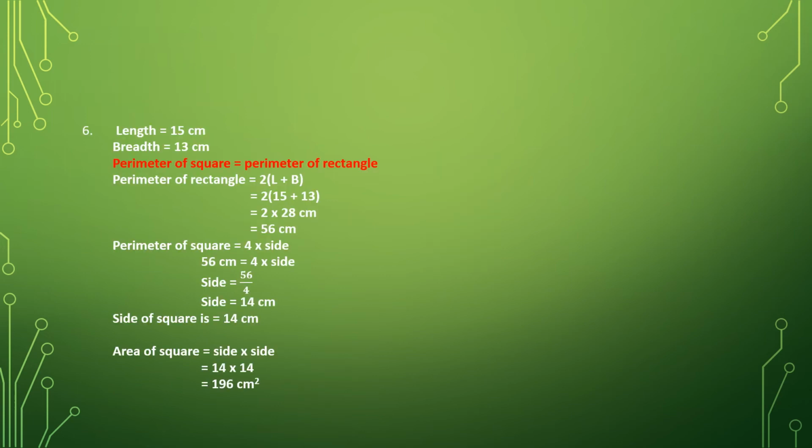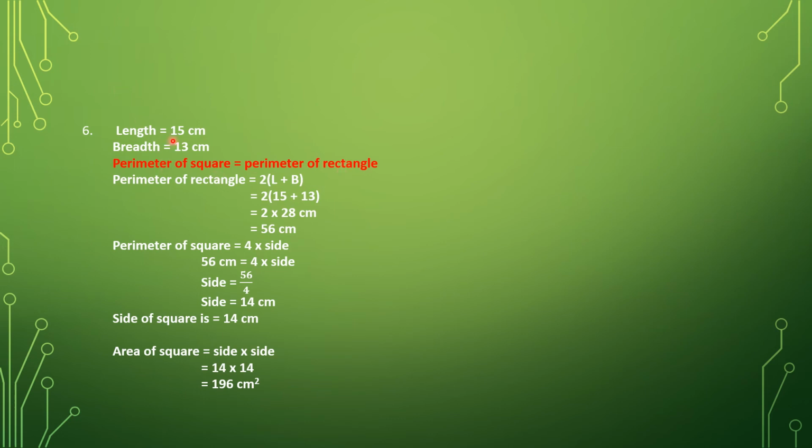Next question is: the perimeter of a square is equal to the perimeter of a rectangle of length 15 centimeter and breadth 13 centimeter. Find its area. So in the question it is telling that the perimeter of a square is equal to the perimeter of the rectangle, and we have to find out its area.